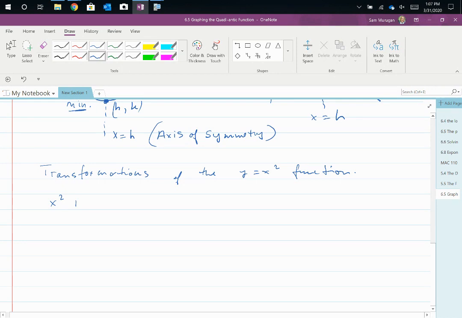X squared plus a lifts the graph up a places, or a units. X squared minus a drops the graph down a units.